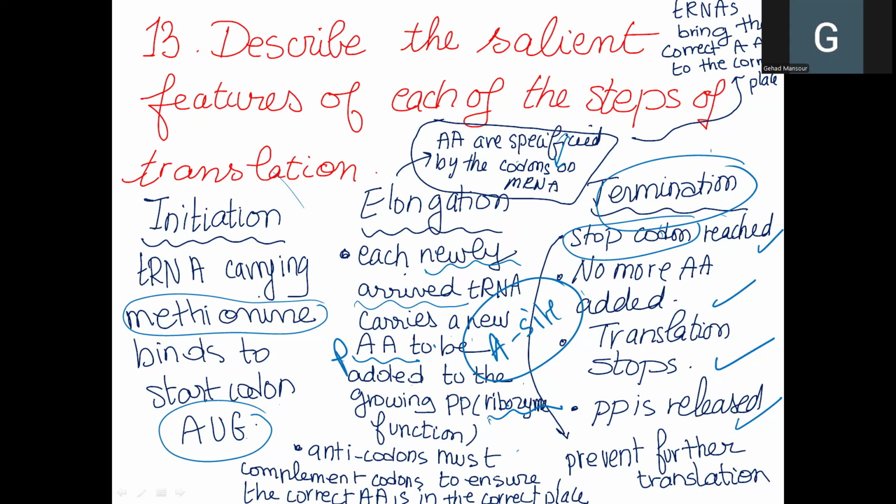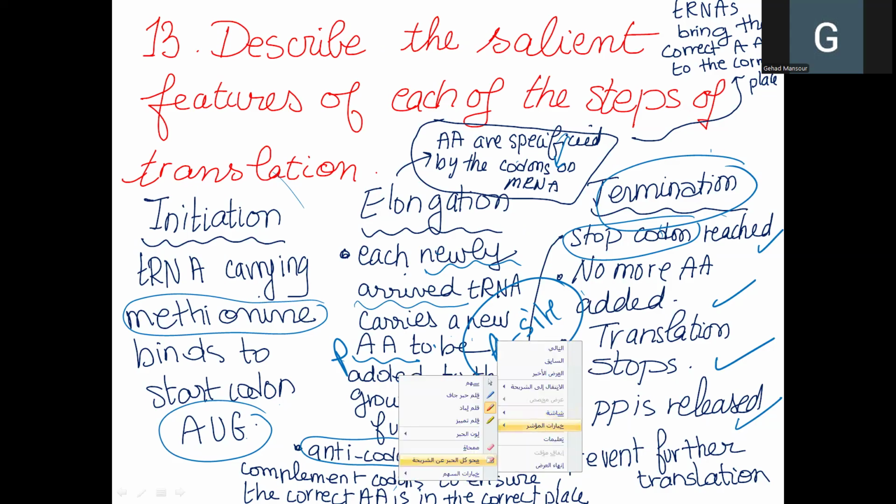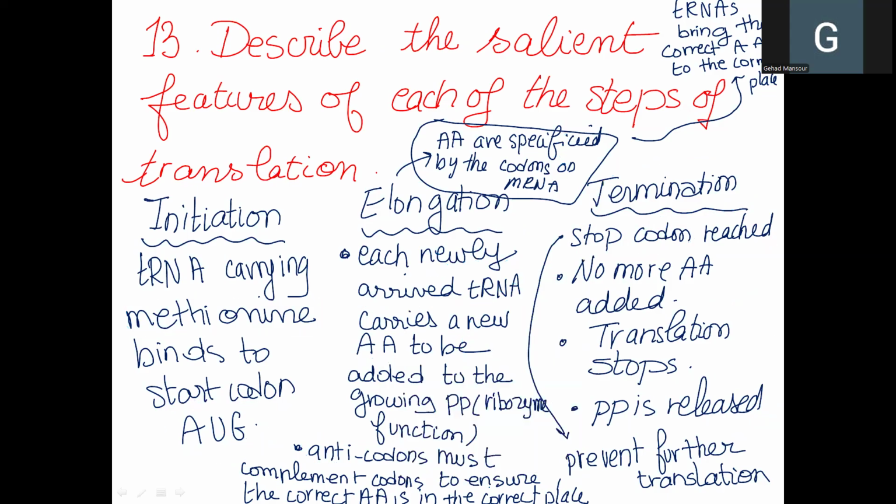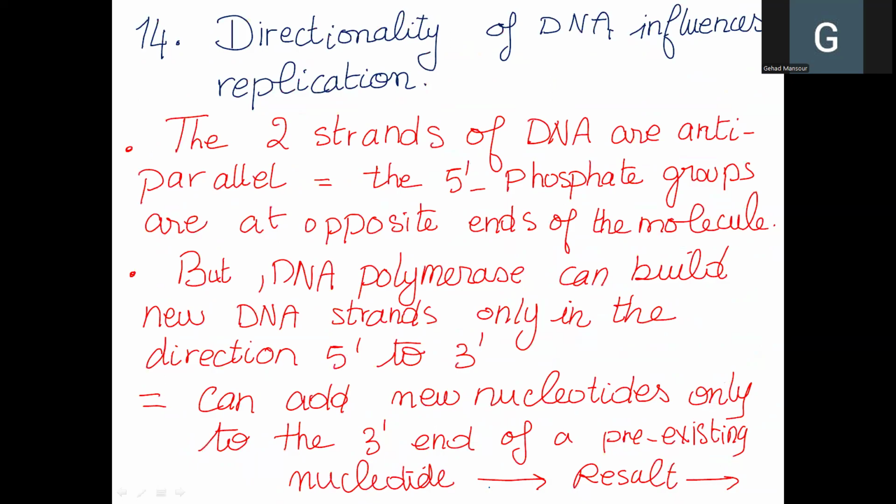Of course, every transfer RNA should have an anticodon that is complementary to the codon, and this is a recapitulation of the three steps of translation.